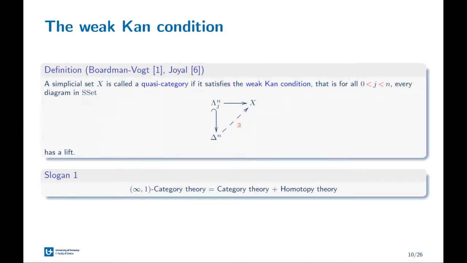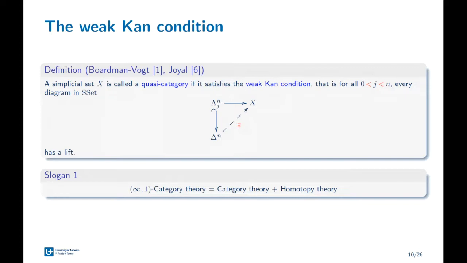So here's the definition. A simplicial set is called a quasi-category if it satisfies a so-called weak Kan condition, which means that for any j strictly in between 0 and n, any diagram of simplicial sets like this again has a lift. So you can see that here we're only requiring j to be strictly in between 0 and n, and we're not requiring the lift to be unique. So it subsumes the previous two cases.